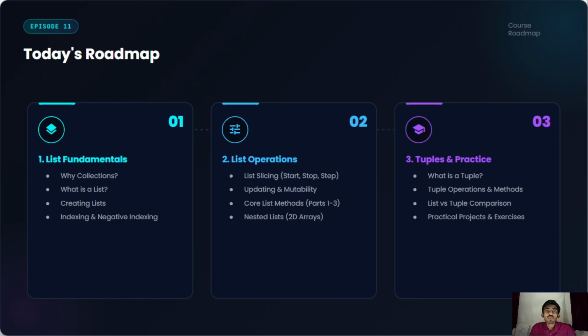And finally, we will move to tuples. We will understand what tuples are, their operations, how they differ from lists, and we will finish with practical programs, practice questions, and a complete revision. By the end of today's lecture, you will be able to comfortably work with Python's two most commonly used collection types.